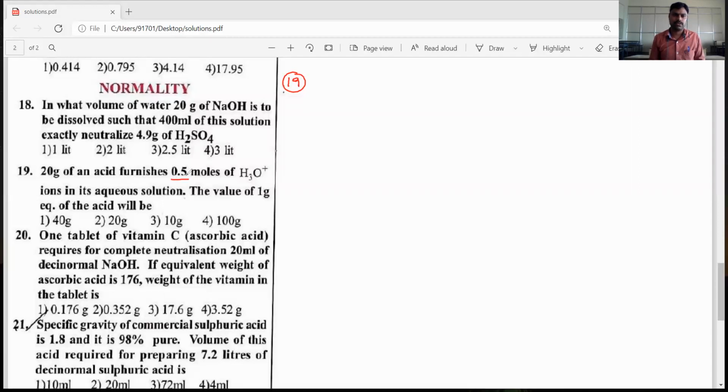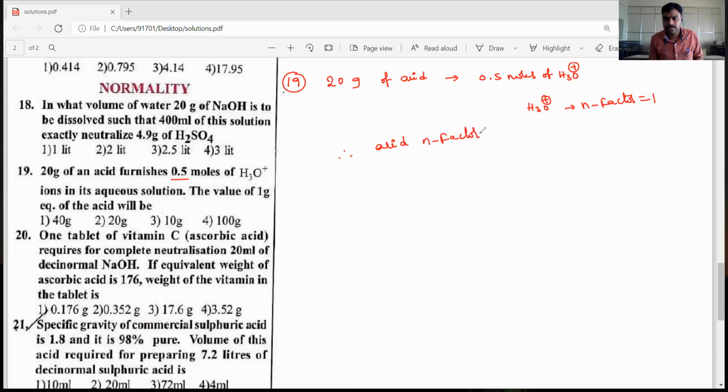Okay, 0.5 moles of H3O plus means the 20 grams of acid is producing 0.5 moles of H3O plus. For H3O plus ions, the n factor is equal to 1, therefore the acid n factor is also equal to 1.